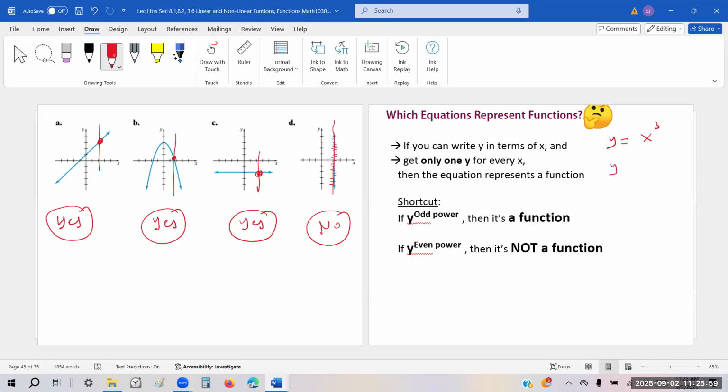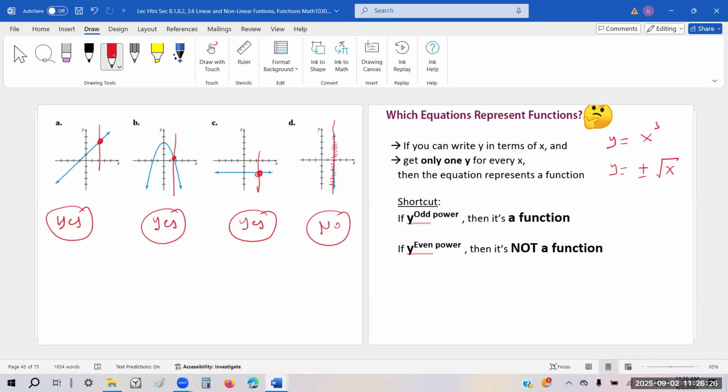But if you have y equals plus or minus square root of x, now you have a problem. When x is 1, you get two y values. One is +1 and one is -1. So one x value gives you two y values. It's not a function. You cannot have two y values for one x value.